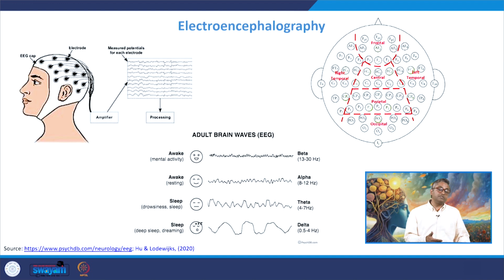Some tools are good with spatial resolution and bad with temporal resolution, and vice versa. So, this temporal and spatial resolution parameter is a very crucial parameter. When we talk about a tool such as electroencephalography or electroencephalogram, its spatial resolution is not that good, but its temporal resolution is very precise and good.